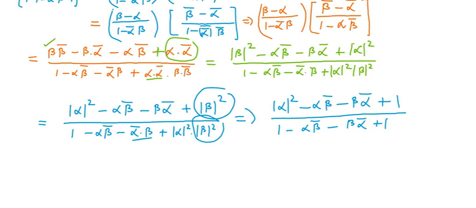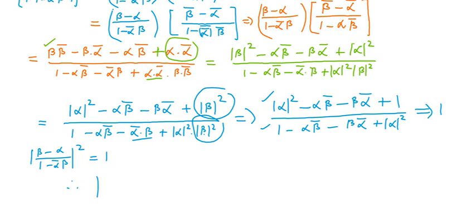This is mod alpha whole square, this is equal to 1. So see, these two terms are same. So finally you will have 1. This is the value of (beta minus alpha upon 1 minus conjugate of alpha into beta) whole square, which is equal to 1.